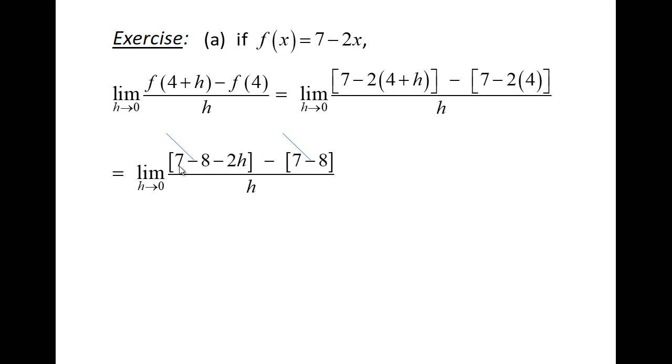That's going to cancel out the positive 7 here. So we will be left with what? So 7 and 8, they cancel out. We are left with negative 2h in the numerator, and then we get h here. So then h's cancel out. We get the limit of negative 2 as h goes to 0. Well, that's going to be negative 2.